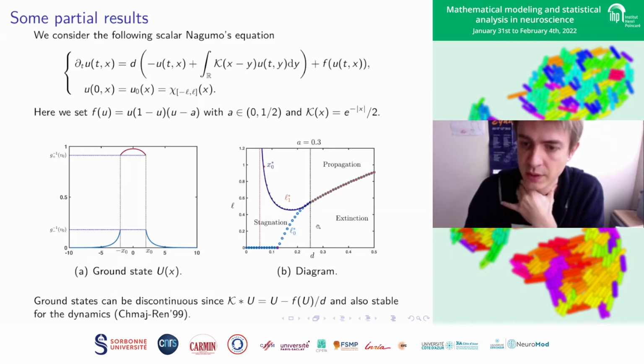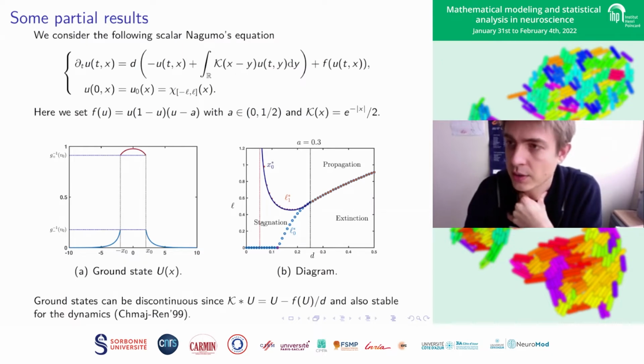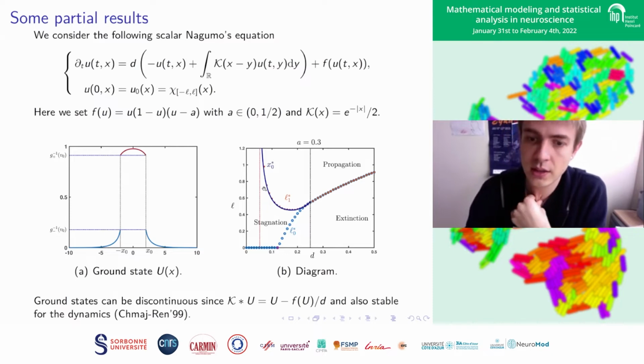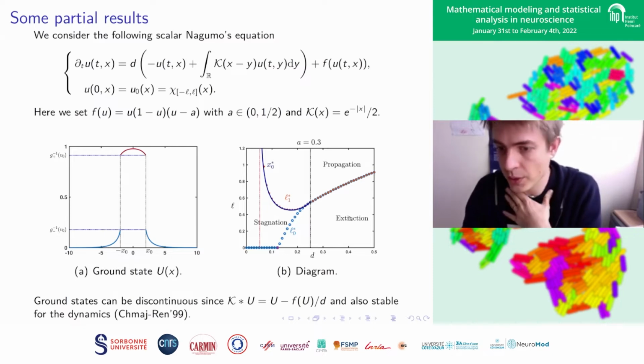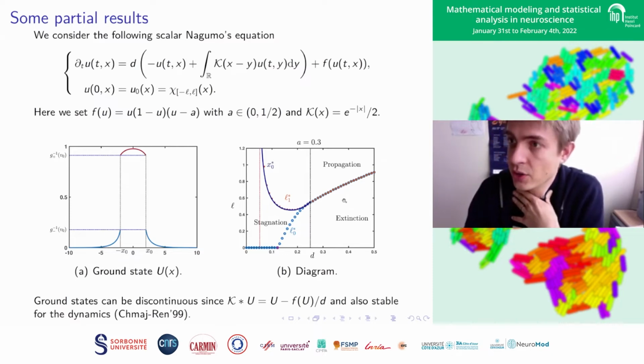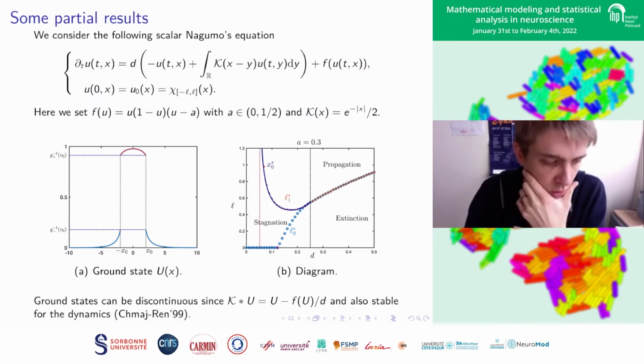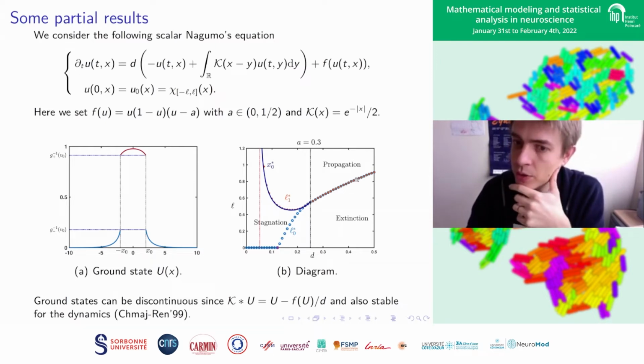And what you see is this diagram, where I represented either propagation, extinction, or stagnation. If you want the transition between extinction and propagation with only one value, here is the usual setup that you get for local equations or for traditional neural fields.